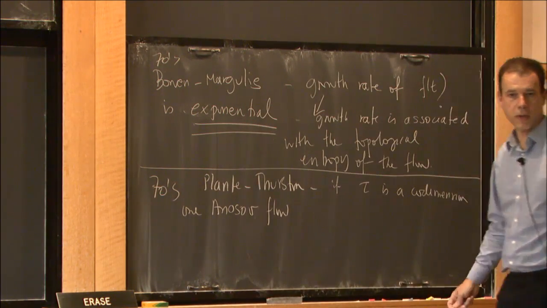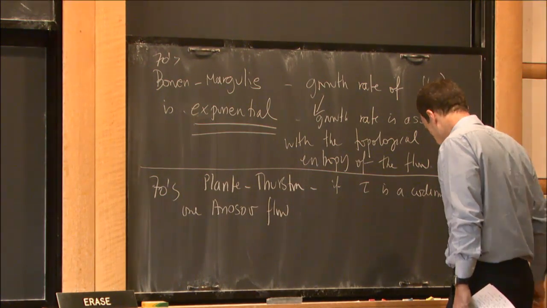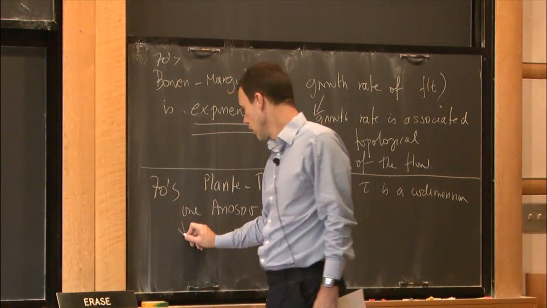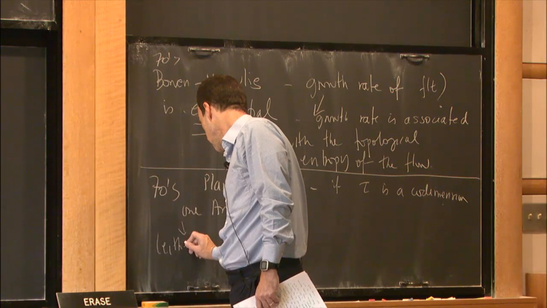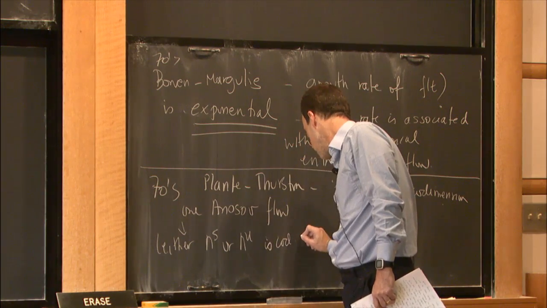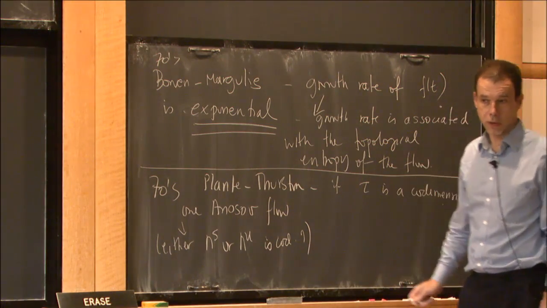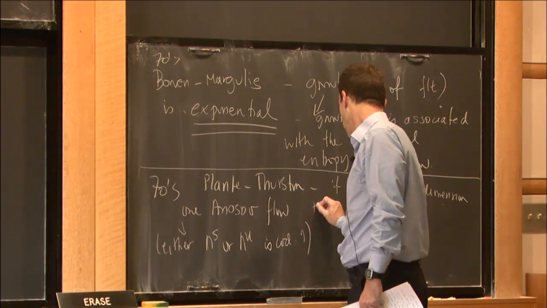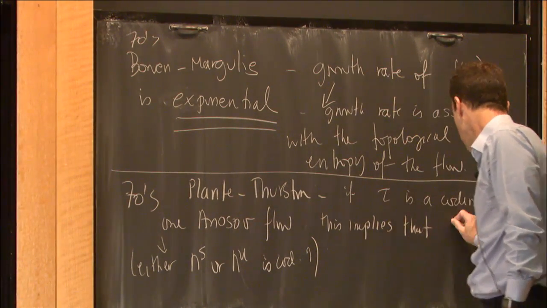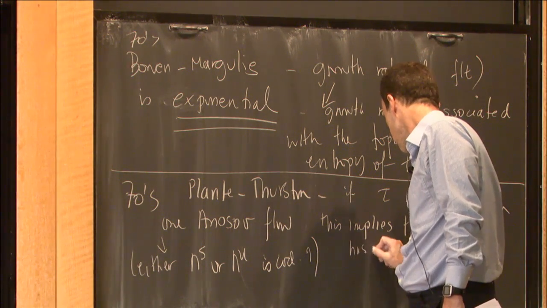So like I said, you can define this Anosov flow for higher dimensional manifolds, and you're going to have the stable and unstable foliations. Codimension 1 means either the stable or the unstable is a codimension 1 foliation, okay? Which is always true when you're in dimension 3. So this implies that the fundamental group has exponential growth.